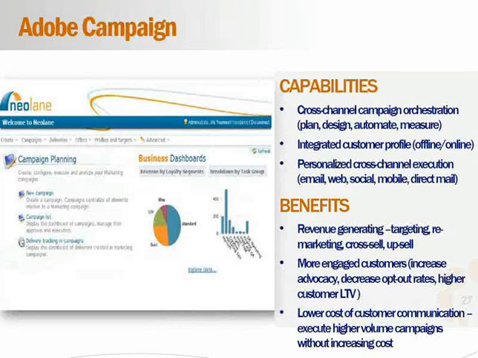Now again, the same argument that I've been making all along, which is about the unified view of the customer, singular view of the customer data. With Adobe Campaign, which is the Neolane part of it, you can really run campaigns in different channels because it's really a cross-channel campaign management.